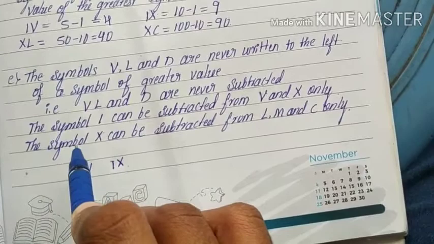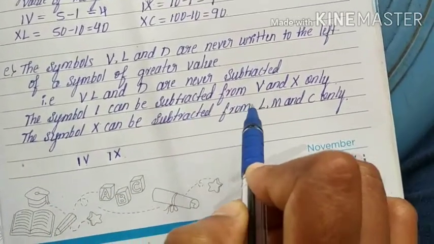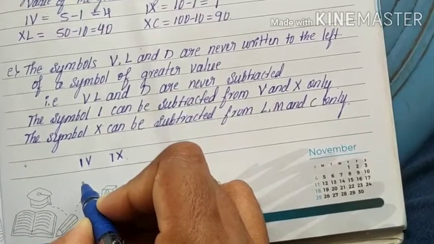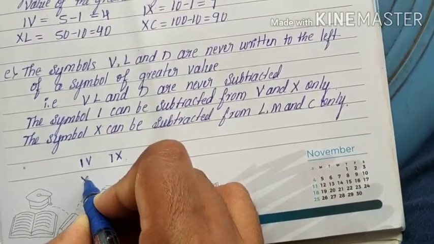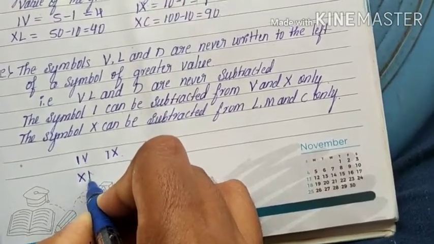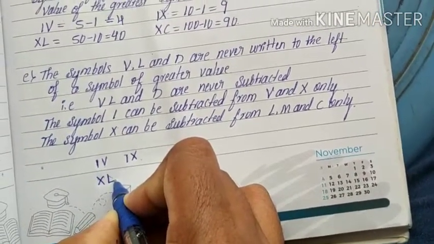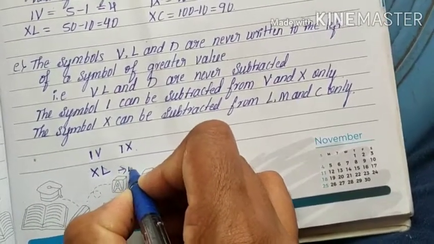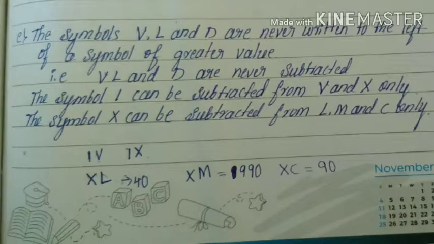The symbol X can be subtracted from L, M and C only. Here we can subtract X from L, M and C only. L minus X is 50 minus 10, 40. So the symbol X can be subtracted from L, M and C only.